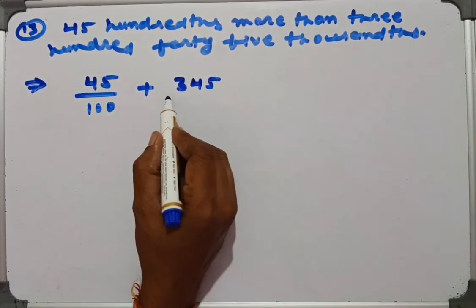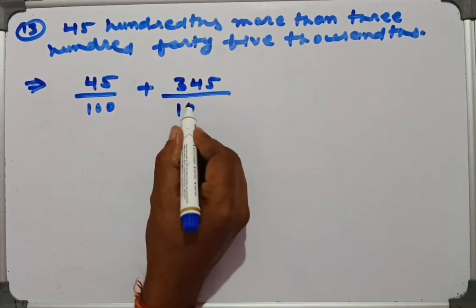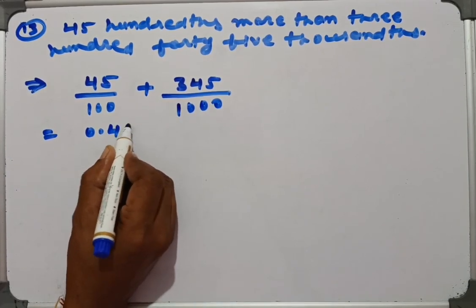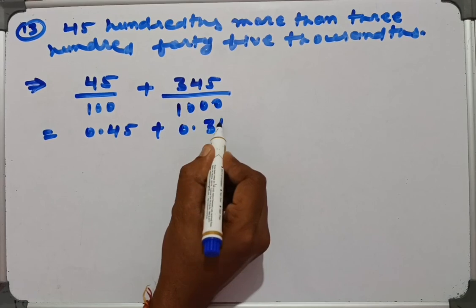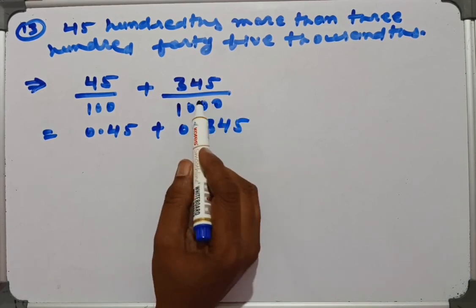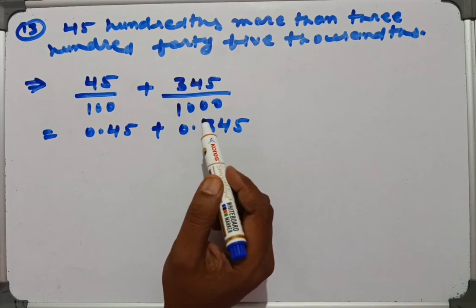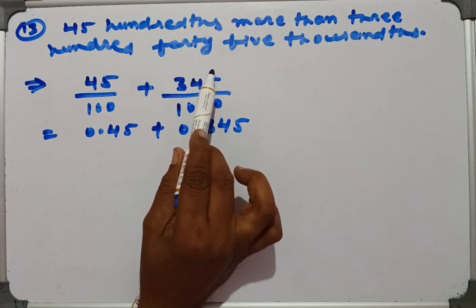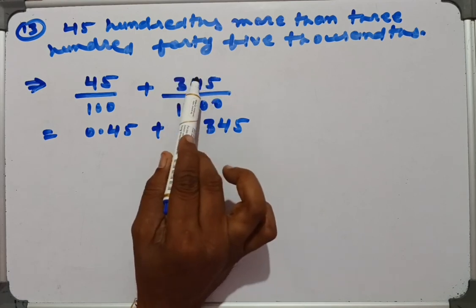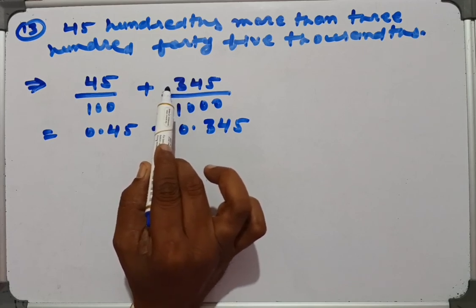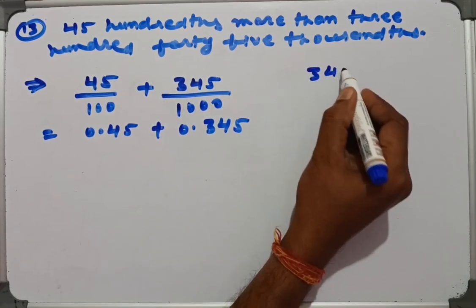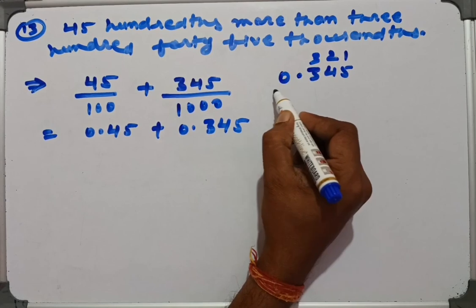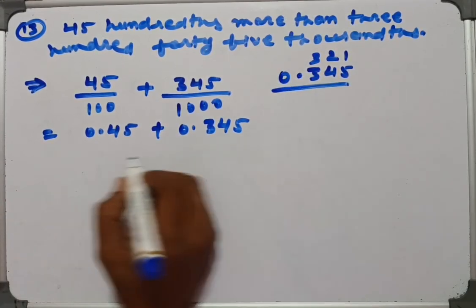Here thousandths is given, so you divide this number by 1000. So this becomes 0.45, and this becomes 0.345. How? When we divide this one, here are 3 zeros, so we go from extreme right to left 3 places, 1, 2 and 3, then stop, then put a dot here. See 3 4 5, 1 2 3, then stop here, put a dot here, then put a 0 before this one.